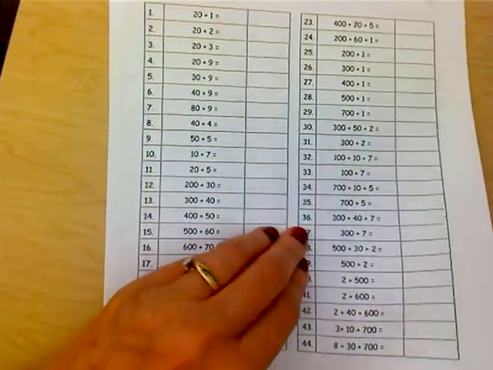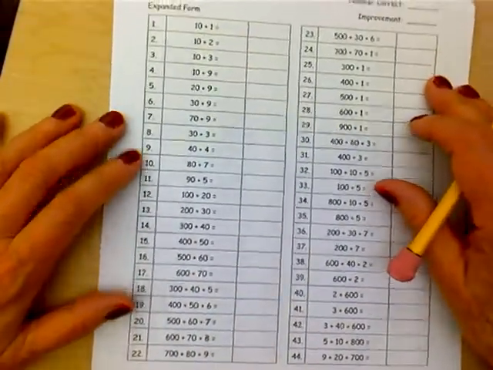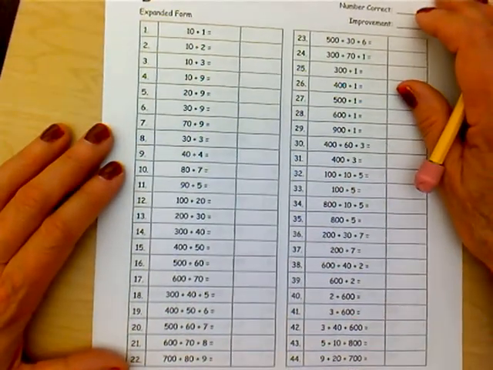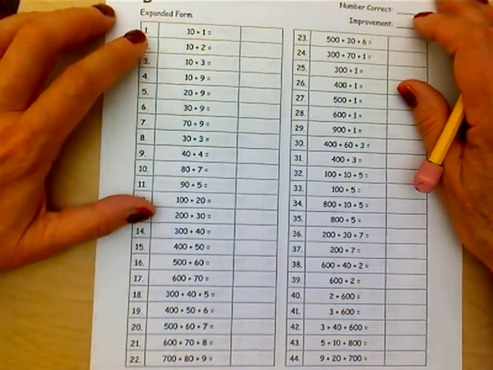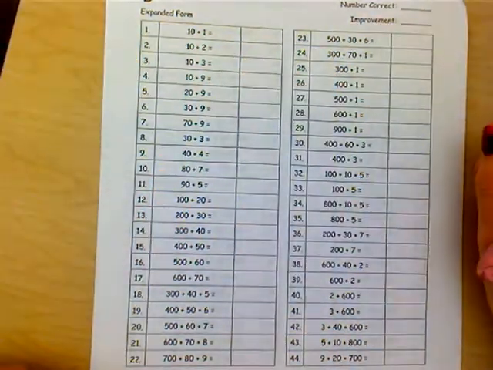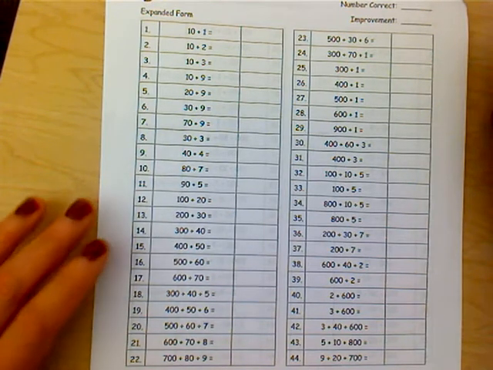And I would like you to also work all of them on the second page the same way, where you're going to number a piece of paper 1 through 44, pause the video, and then have your student work the problems. And you can just have them write 1 and the correct answer, 2 and the correct answer, as you did on the first one. So you'll need to pause that video long enough for your student to be able to do this practice.